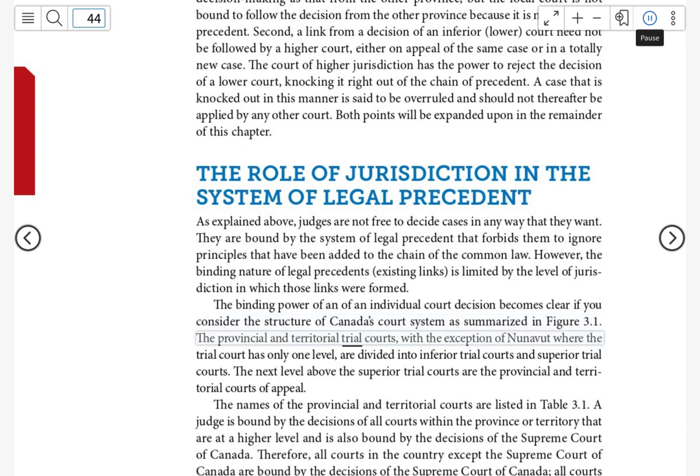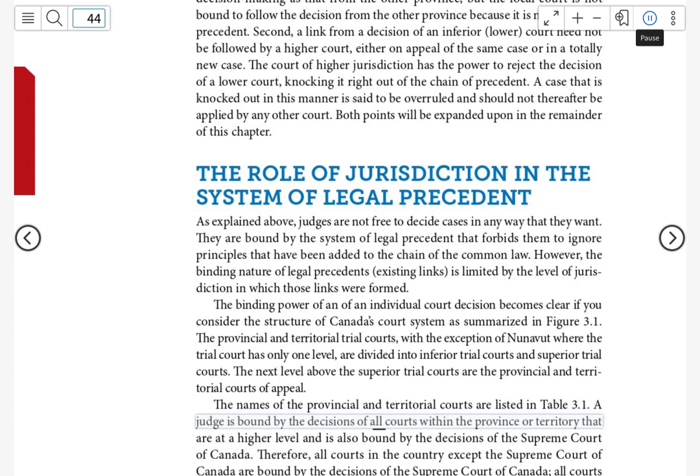The provincial and territorial trial courts, with the exception of Nunavut where the trial court has only one level, are divided into inferior trial courts and superior trial courts. The next level above the superior trial courts are the provincial and territorial courts of appeal. The names of the provincial and territorial courts are listed in Table 3.1.